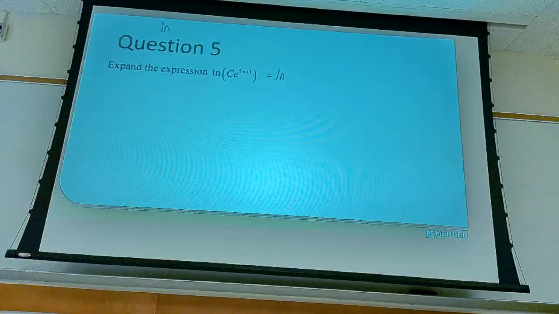So look, you said it's a product, which I agree. What is the product of? What times what? So what's your first term of the product? ln of c e to the 5x plus 1, I agree.